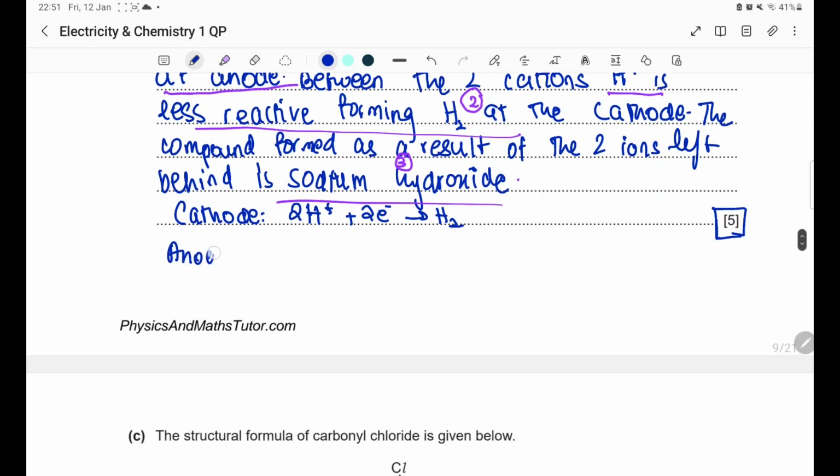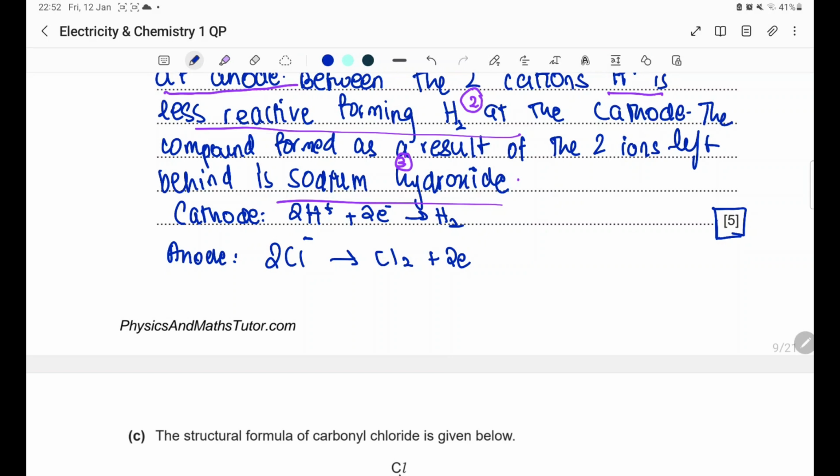And your anode, you have chlorine being formed. So 2Cl minus gives Cl2 plus 2e minus. This is the reaction that would occur at the anode.